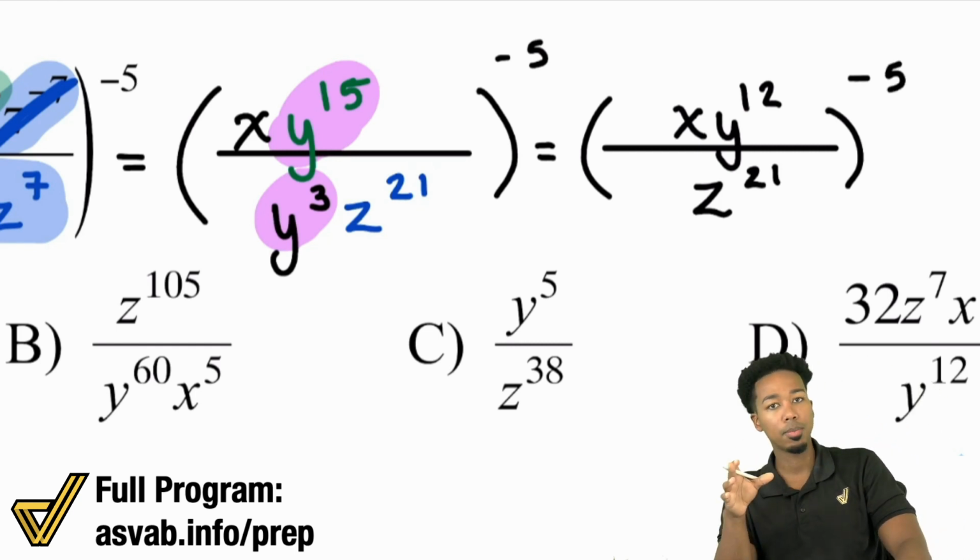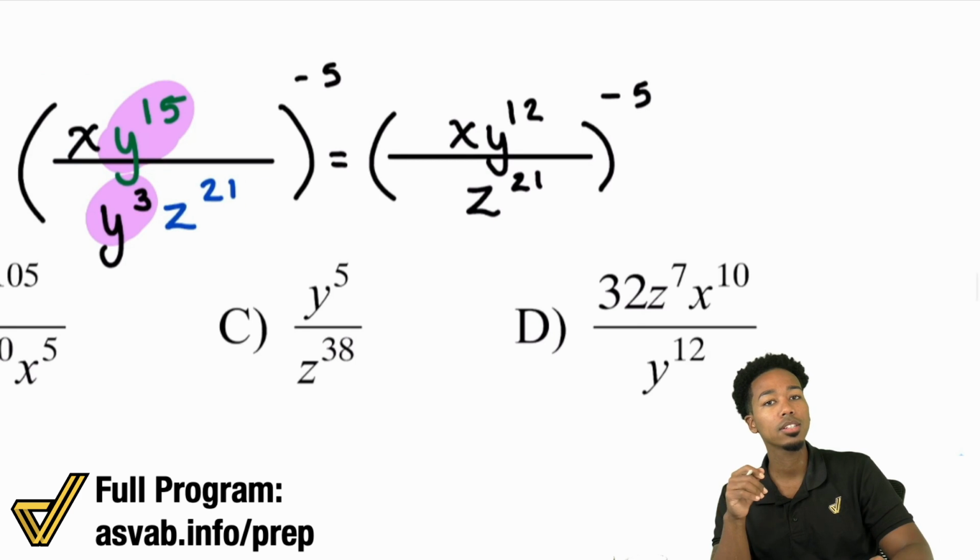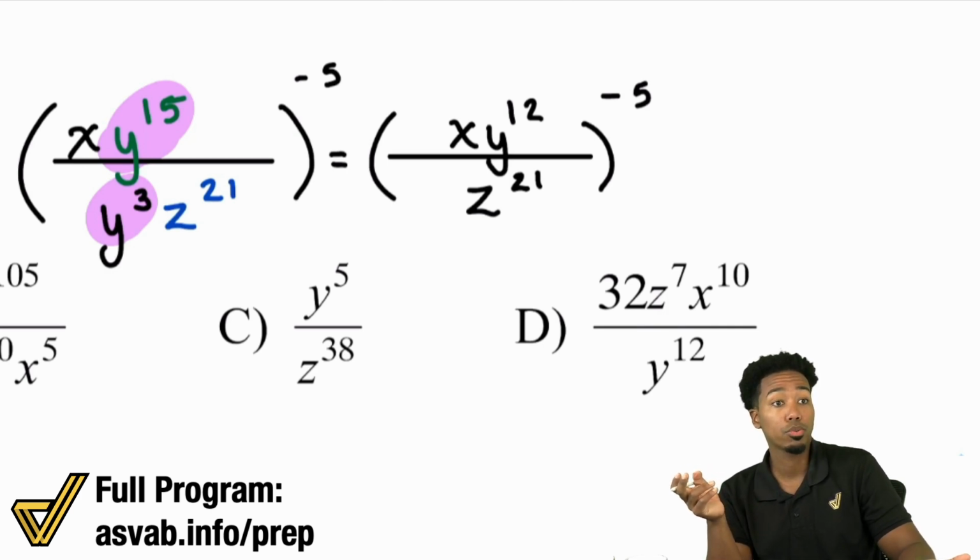So here's the thing, everybody. If we want to make that power of negative 5 a positive 5, this is exactly what you do. What did we say again? Move everything from where it is to where it's not in terms of the negative portion, right? Okay. So here's what we're going to do.